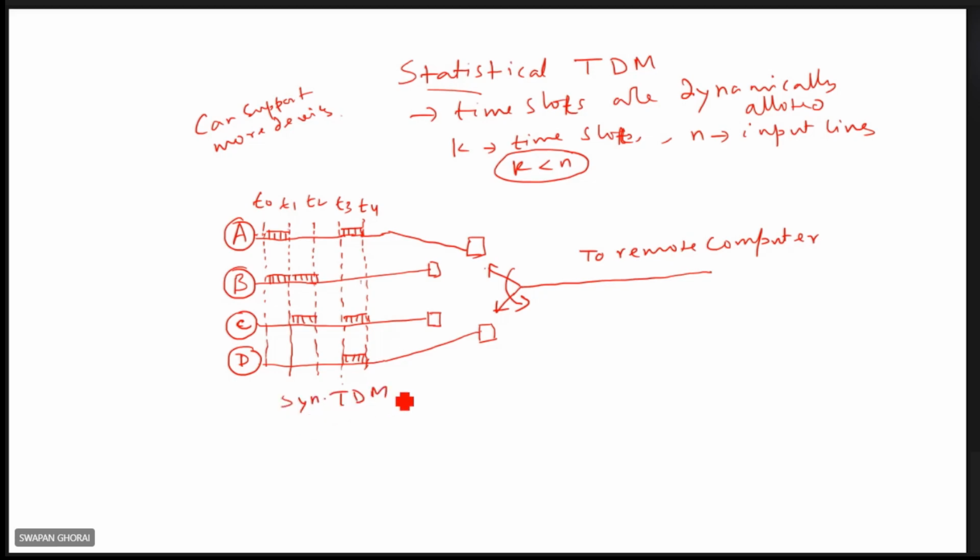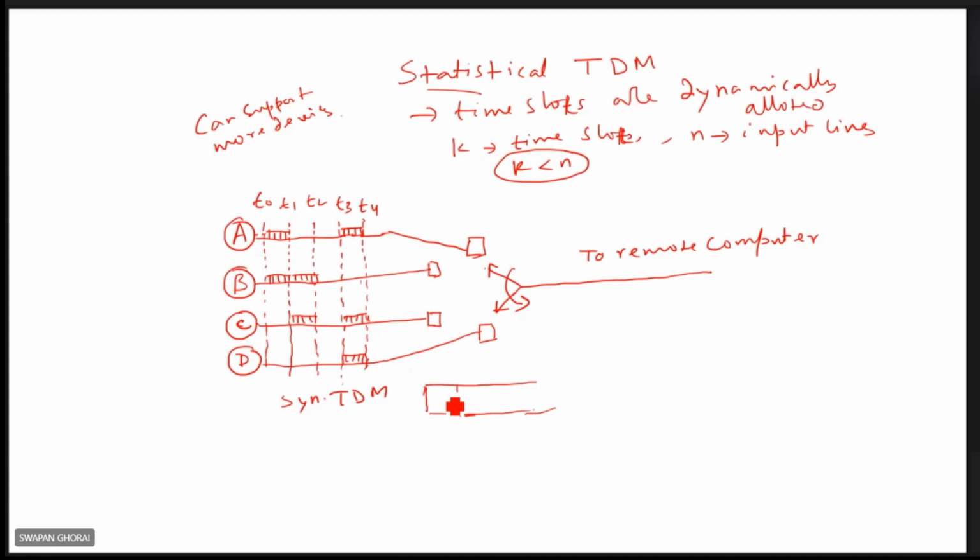For synchronous TDMs, in the first cycle, the first time epoch, since time slots are reserved for each source, you see, this is for the first time epoch.